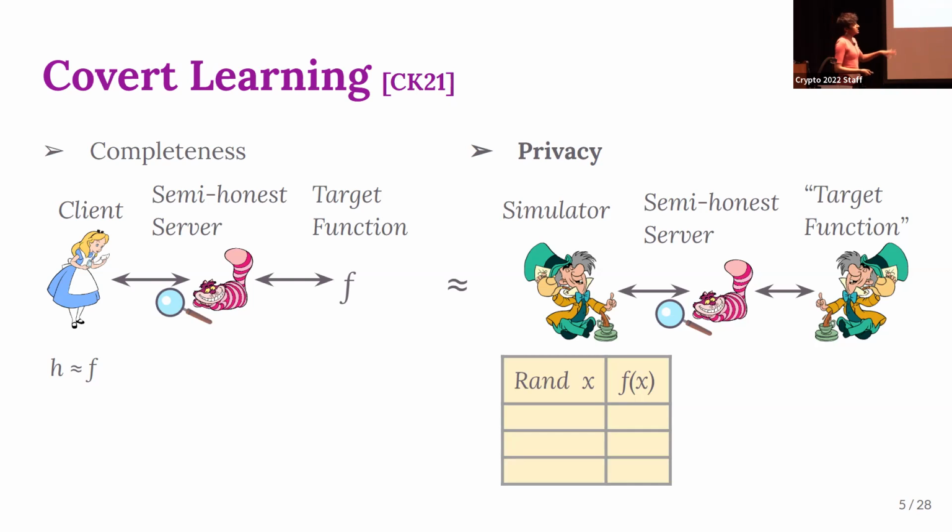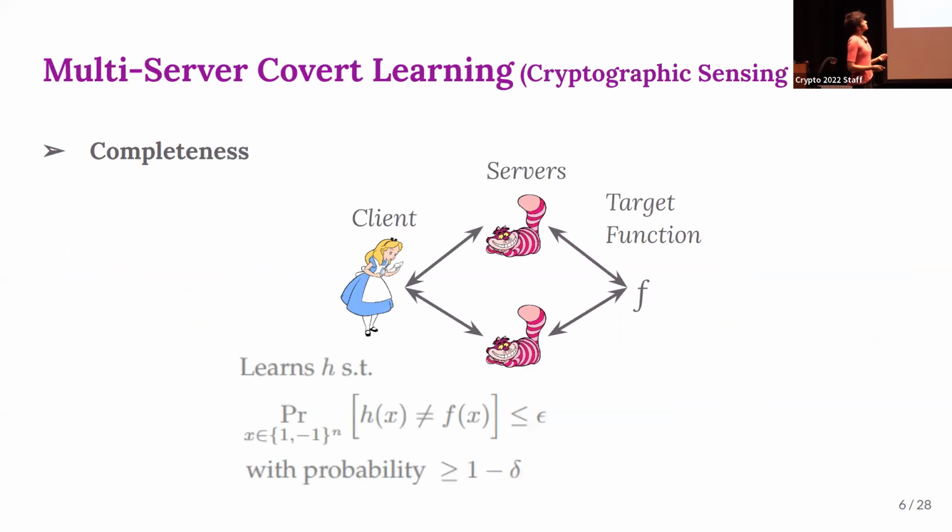So leveraging this gap between what is query learnable and PAC learnable is important in this line of work. The completeness and privacy properties belong to this definition called covert learning, which Ari also mentioned in the previous talk.